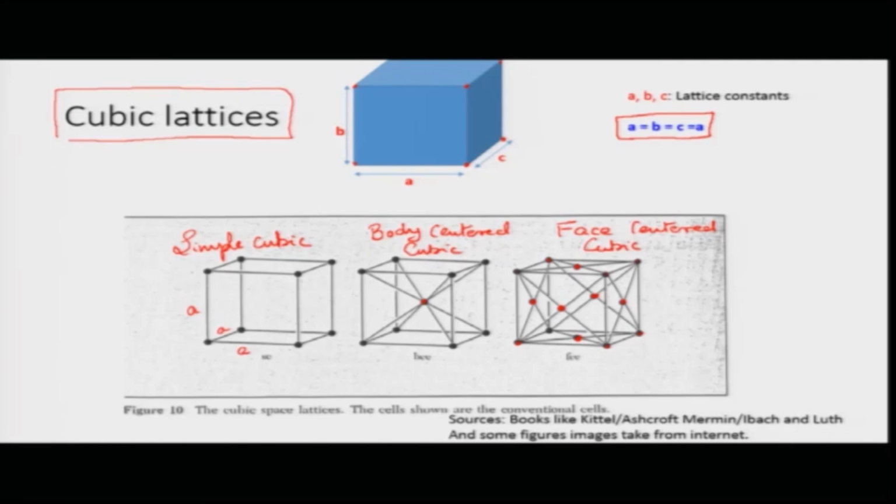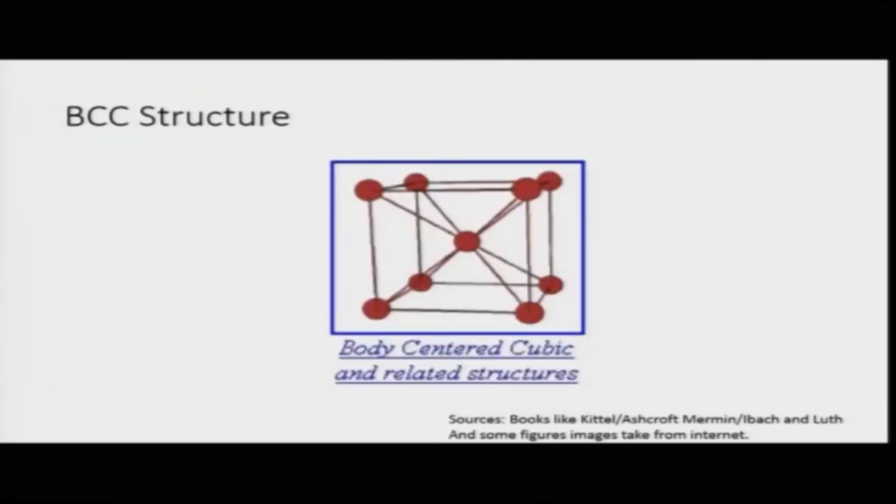The simple cubic is obviously the simplest of the structures, and it is very easy to analyze. Amongst the other structures, we will now look at these crystal lattices in a little bit more detail. First, we look at the body centered structure.